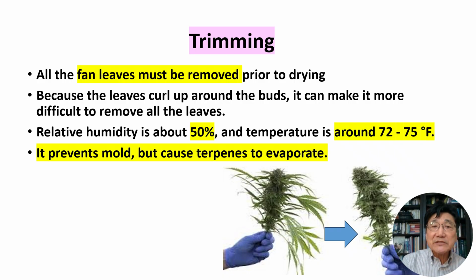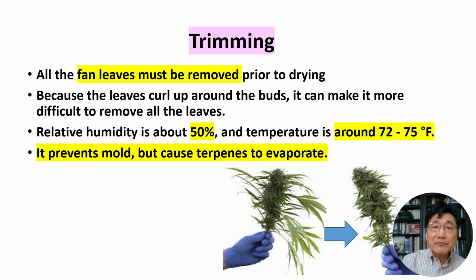Trimming cannabis before drying is known as wet trimming. It involves manicuring the buds immediately after harvest, while the leaves still contain moisture and stand away from the flower, making them easier to cut.